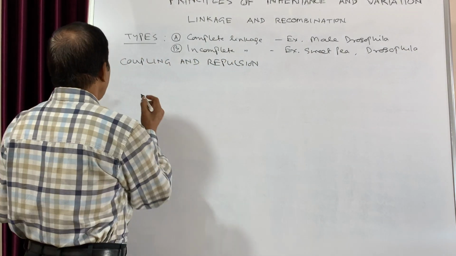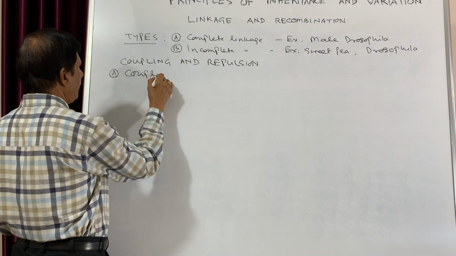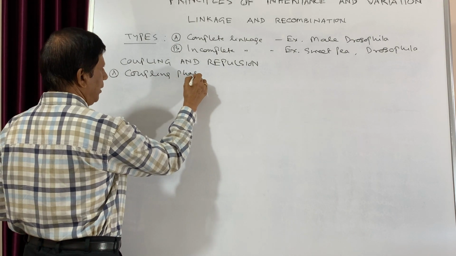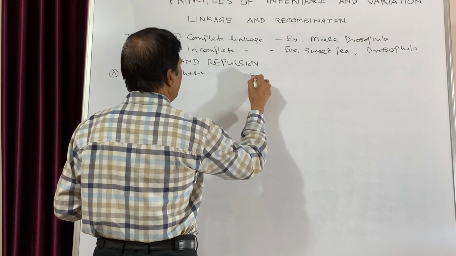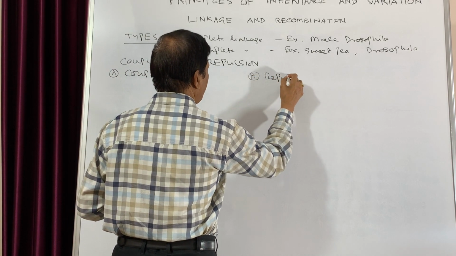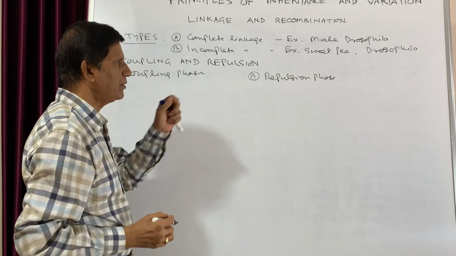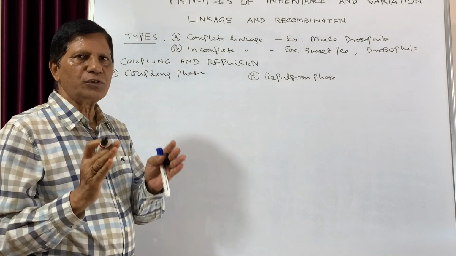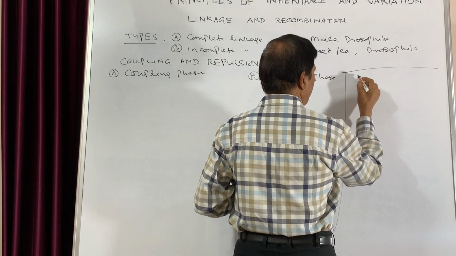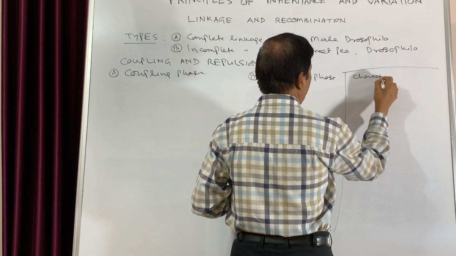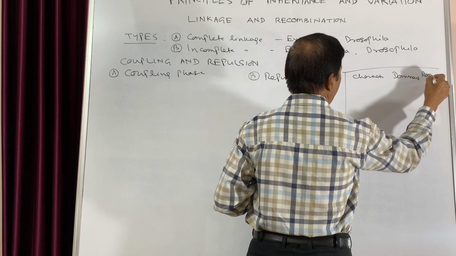Let us discuss first the coupling phase, and then what is happening in the repulsion phase. To know this, Morgan took some characters. I am writing here the character, then dominant character and recessive character.